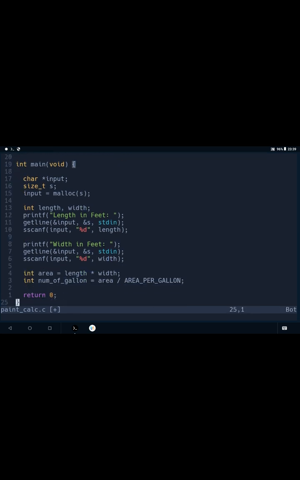Let's say we need cans to cover this area of ceiling.